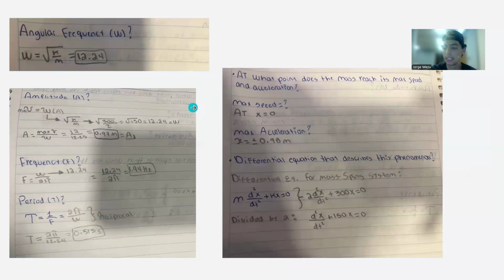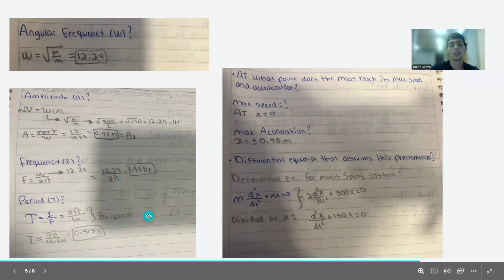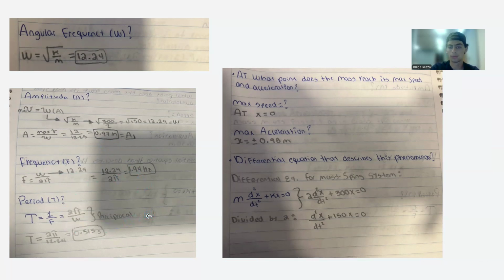First, we calculate the angular frequency using the following formula, and the result was 12.24. Then we calculate the amplitude using the following formula, with a result of 0.97, then the frequency with a result of 1.94, and the period with a result of 0.51.